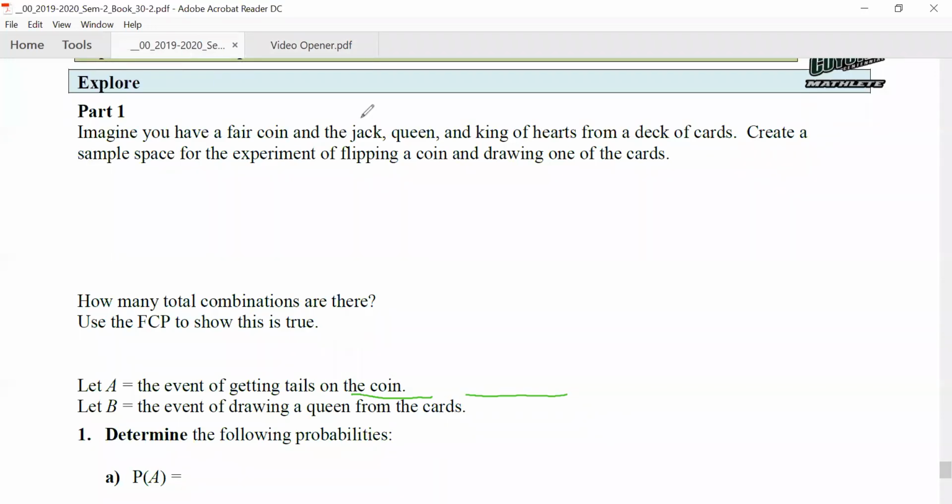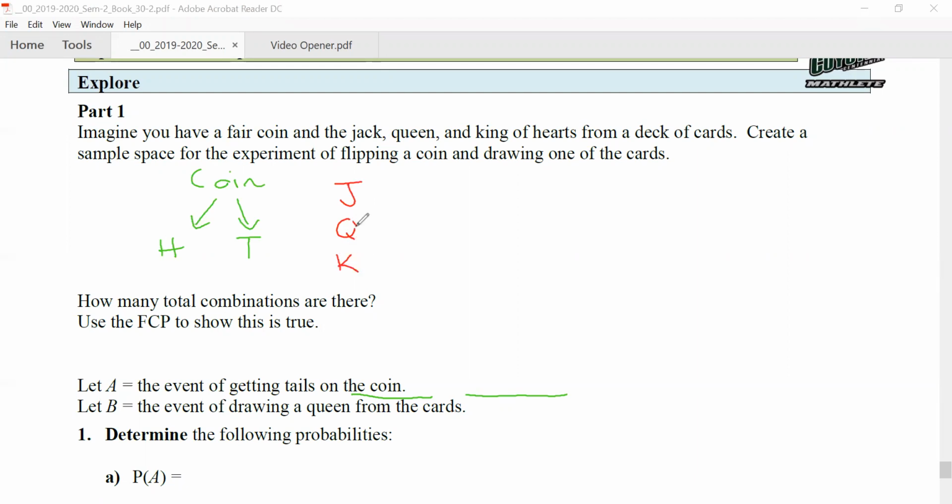So imagine you have a fair coin, and a jack, a queen, and a king of hearts from a deck of cards. Create a sample space for the experiment of flipping a coin and drawing one of the cards. Okay, so if I'm thinking of the coin, I could have heads or tails. Or if I'm thinking of my cards, I could have a jack, a queen, or a king.